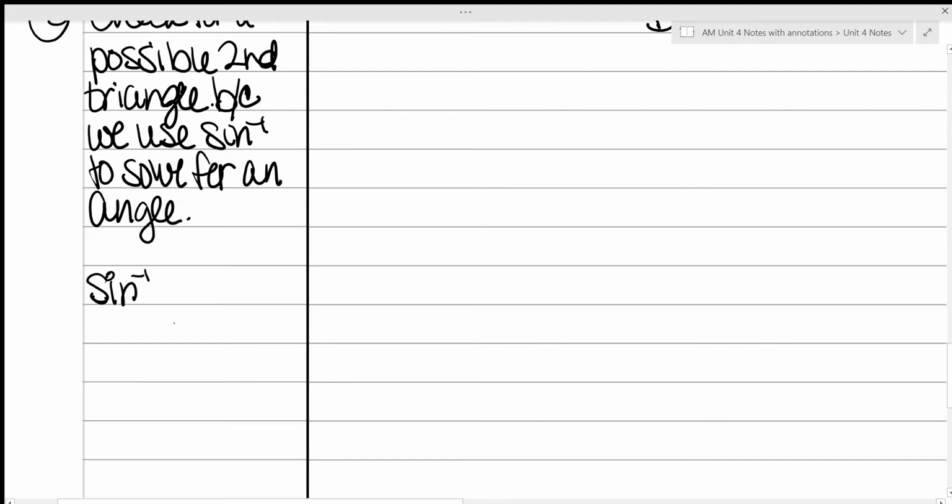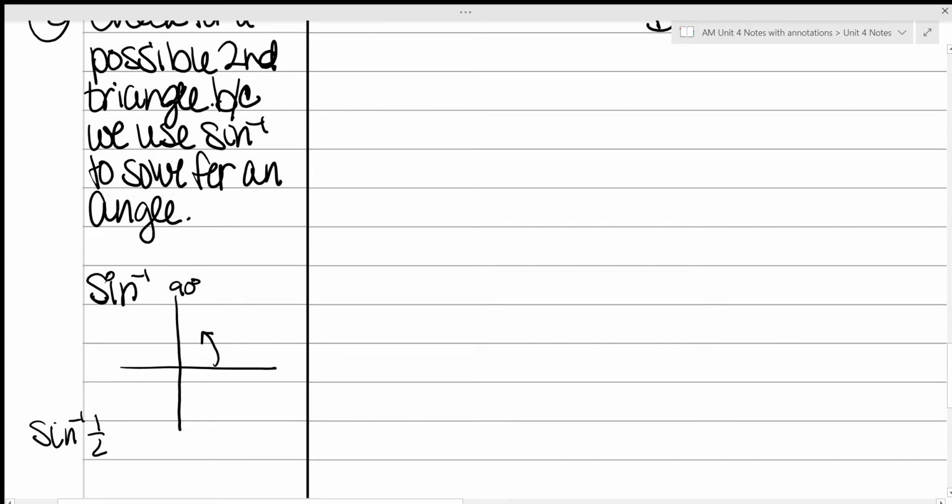So if you remember from Unit 2, when I did sine inverse of, say, something like 1/2, we looked in quadrant 1, because that would go all the way up to my 90 or my pi over 2.